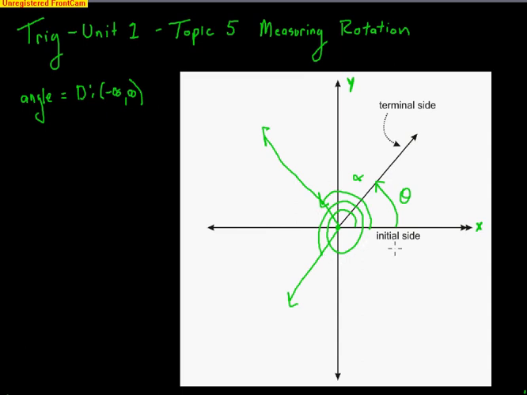Likewise, we could also have negative angles. Negative angles would simply be starting on the same initial side. Remember, the initial side never changes, but it'd be going in the negative direction. So we'd start going down. So if we drew this angle right here, we could have a negative angle right there that goes down.